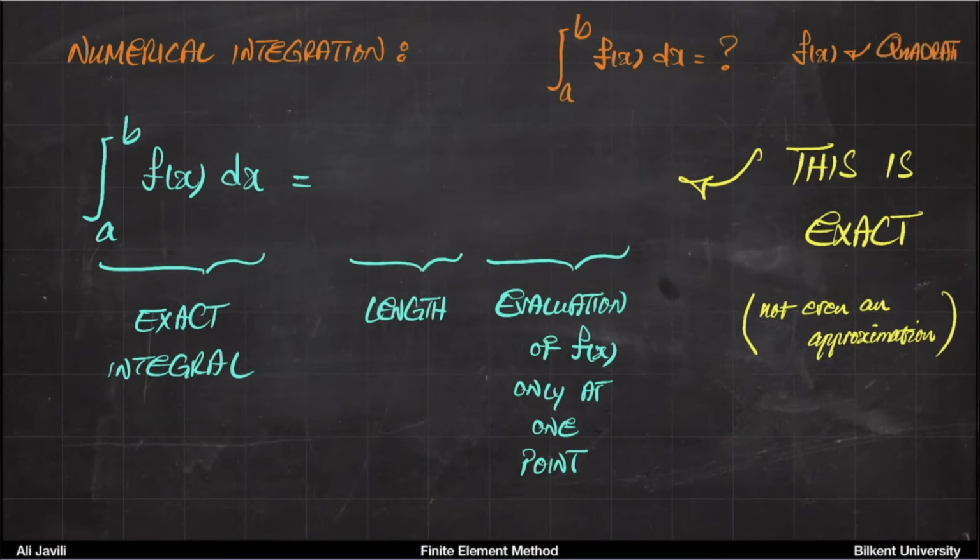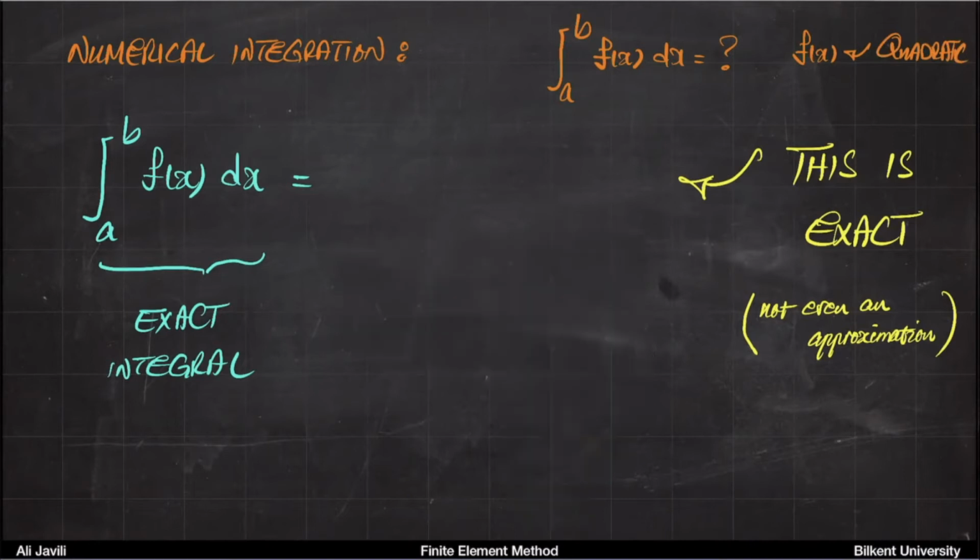Instead of linear, could I write the length of the domain times evaluation at some points or not? And then again, the short answer is yes, but it won't be 1 point if it is quadratic.